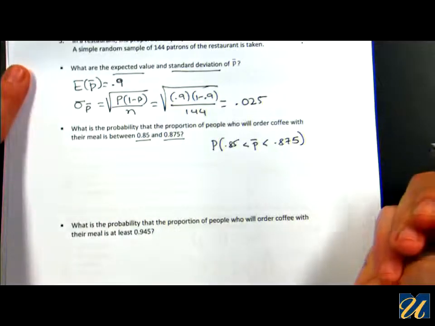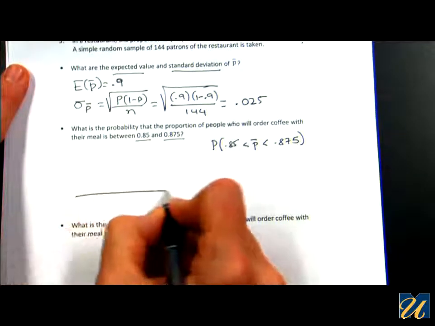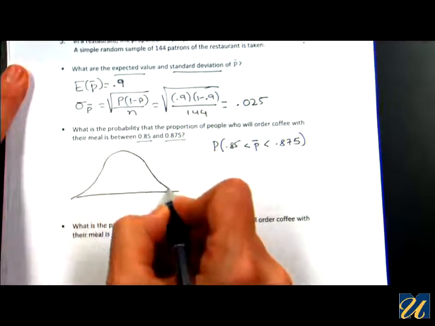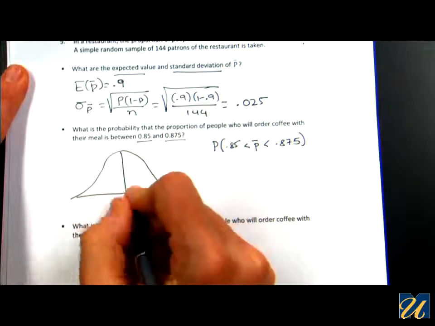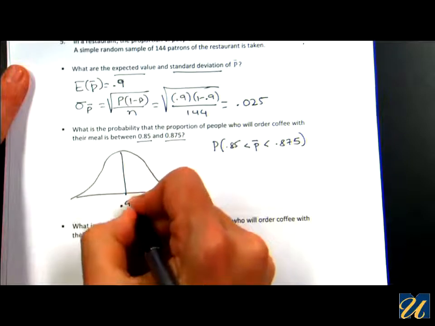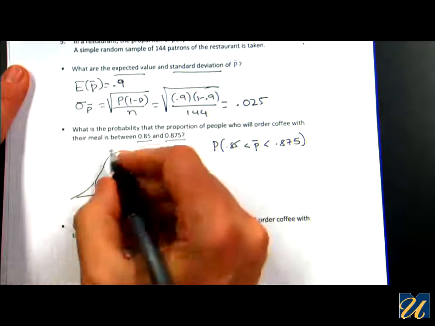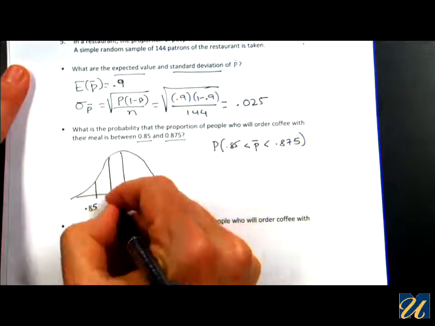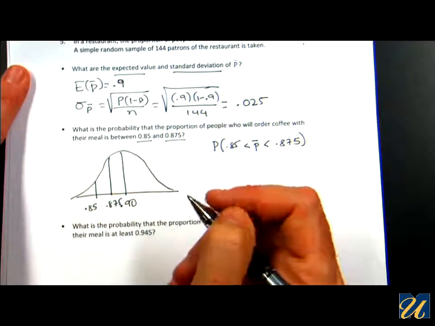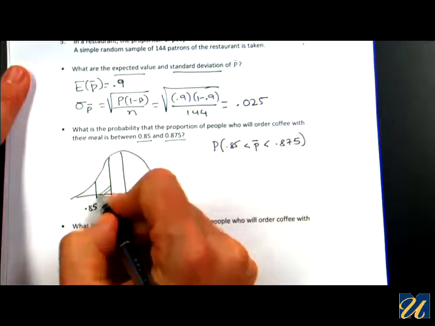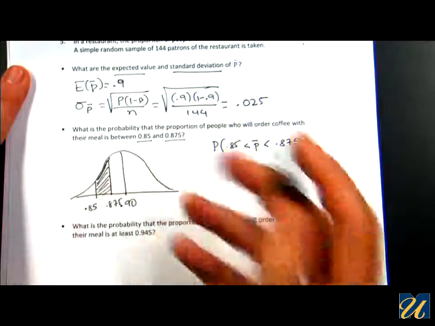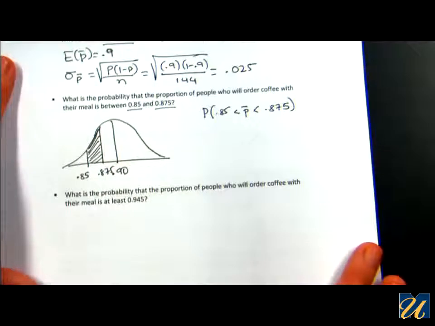Now, let's draw the normal curve. We have P 0.9, we have 0.85 to the left, 0.875 also to the left, and I'm looking for this area between these two values.